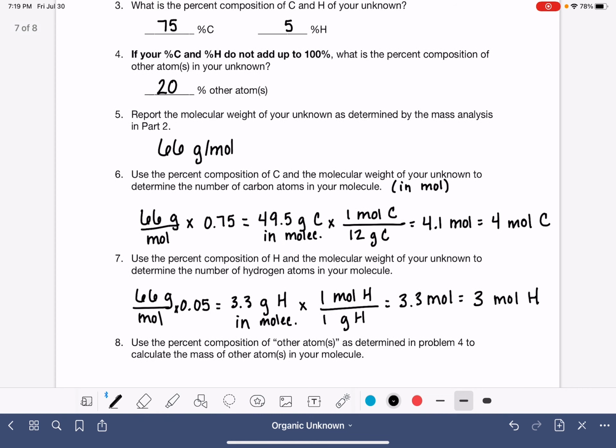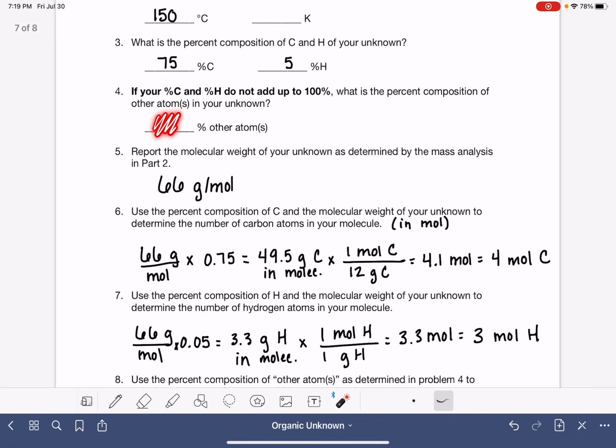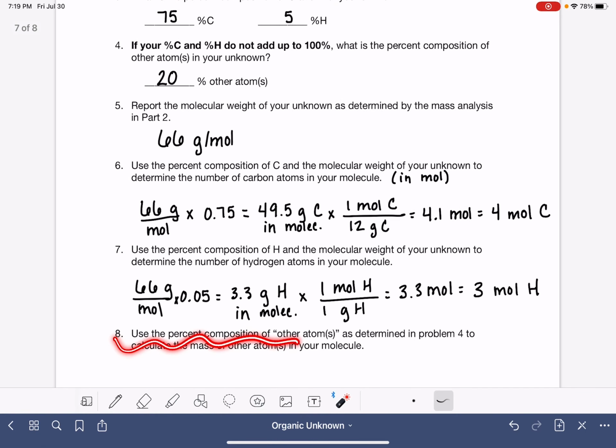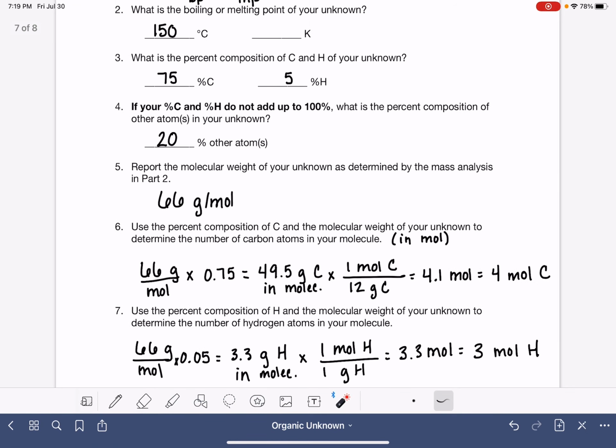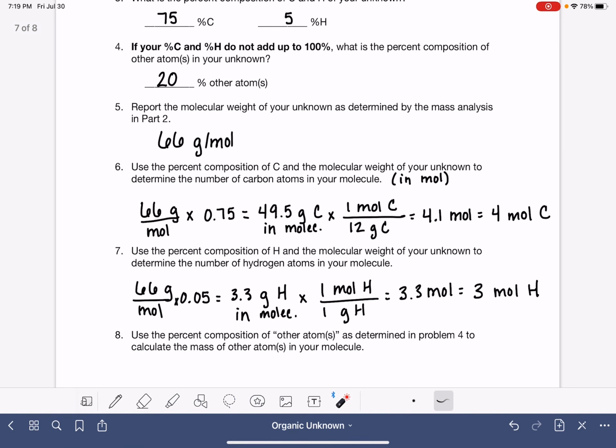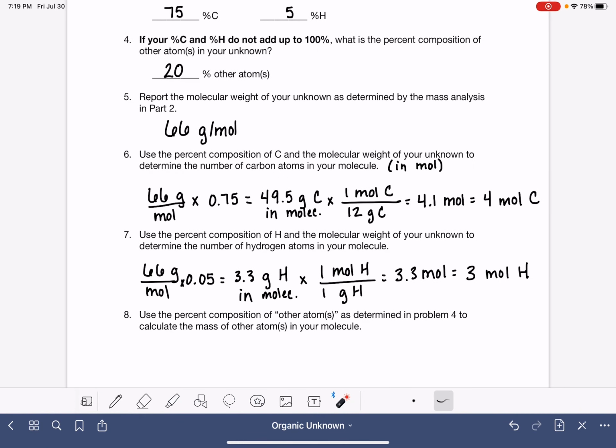If you were one of the lucky people whose carbon and hydrogen added up to 100, you don't need to do problem number 8. But if you're one of the unlucky people whose carbon and hydrogen didn't add up to 100 and you do have something else in your molecule, you do have to do one more step here, which is basically the same thing.